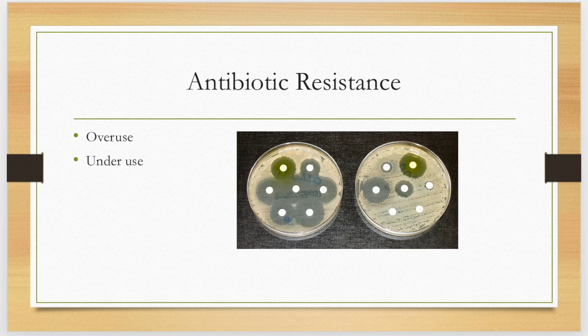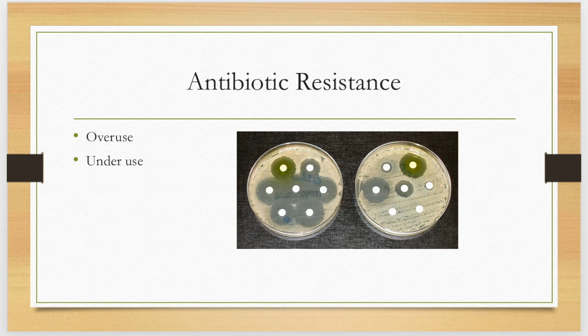So antibiotic resistance is really caused by the overuse of antibiotics and the underuse of antibiotics. The overuse of antibiotics is when you get prescribed antibiotics for something that isn't bacterial.